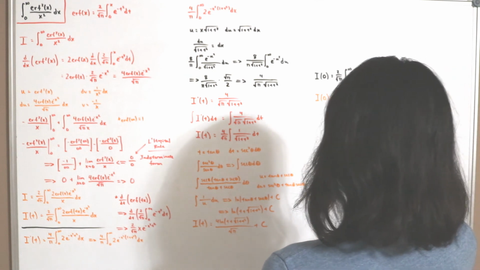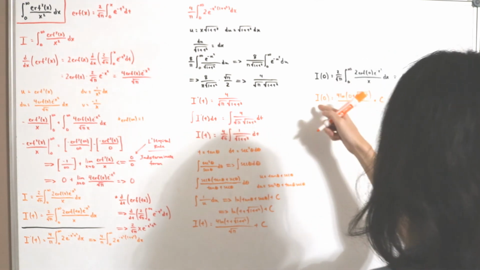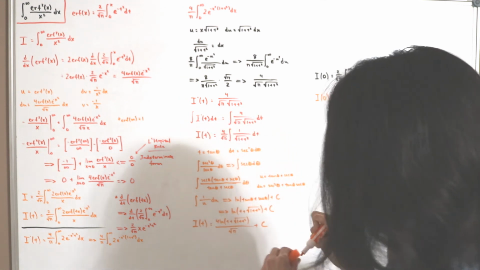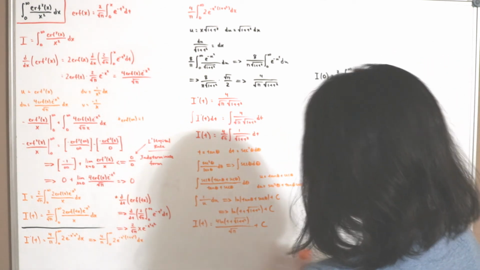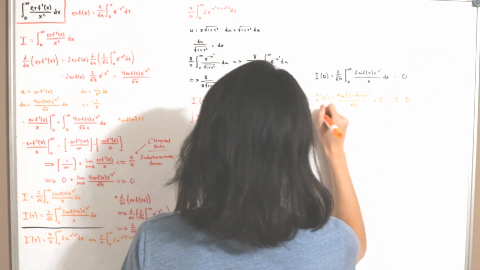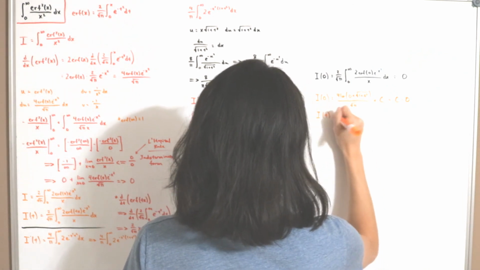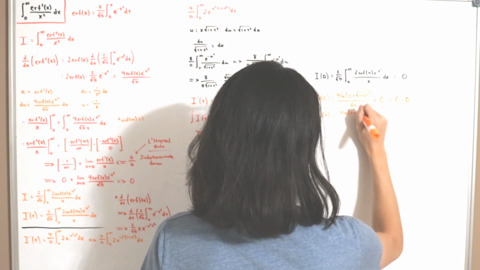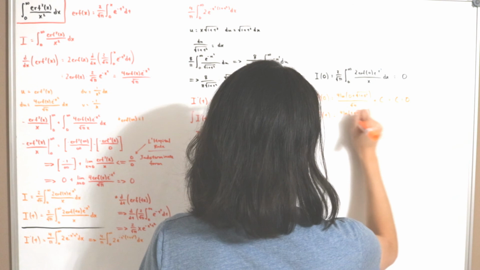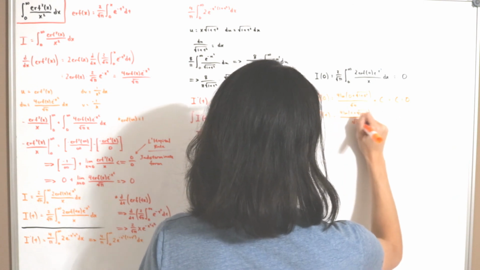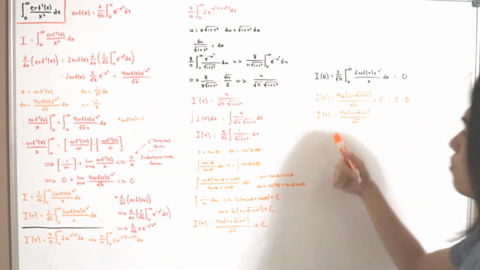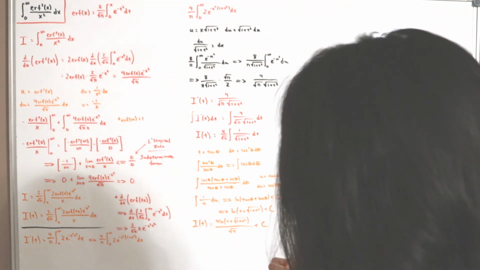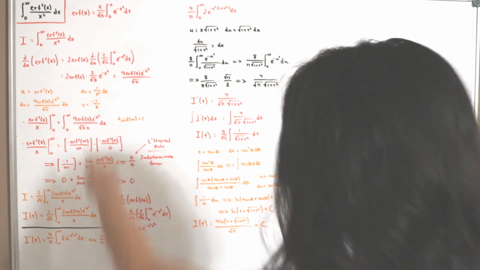So we're just left with c, but we've shown that using the condition, it has to equal 0. So our I of t is just the same thing, but c is equal to 0. So it's 4 ln of t plus the square root of 1 plus t squared, divided by the square root of pi. Okay, like so.